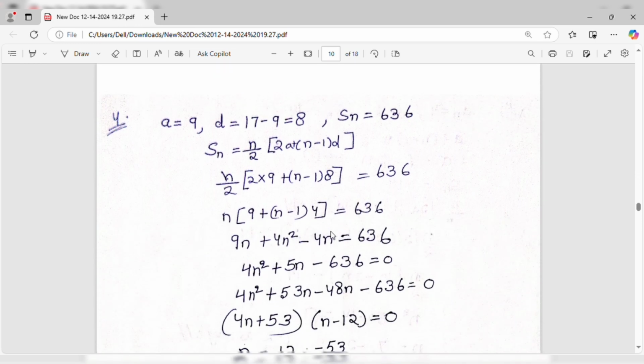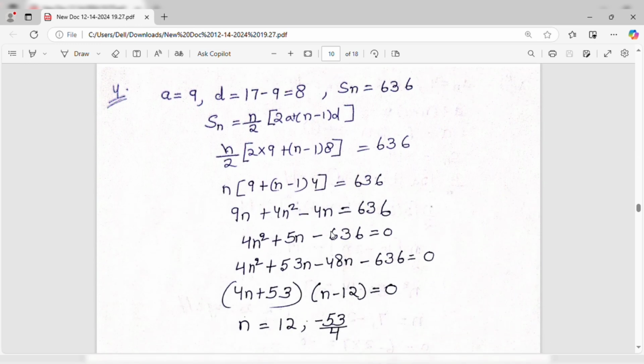Then the fourth question is, how many terms of the AP 9, 17, 25 must be taken to give a sum of 636? In this question, as you can see, a, d and Sn are provided. So we can use the formula Sn equals n by 2 into 2a plus n minus 1 into d. After using this, we can put the values and find n.